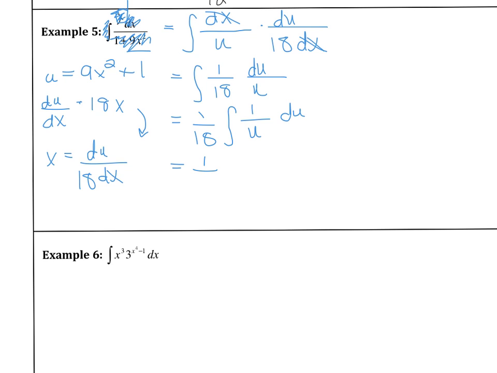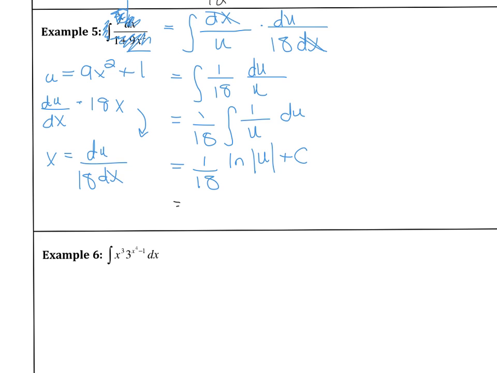So this is going to integrate to the natural log of u. I don't think we've really discussed that before, but when you're using natural log, you should put the antiderivative in absolute value brackets, because we can't take the natural log of negative things. So throw it in absolute value brackets to cover all your bases.